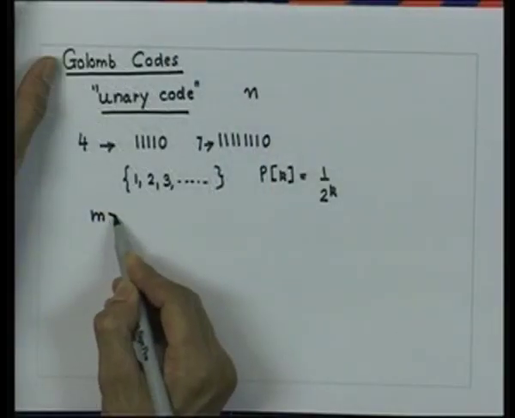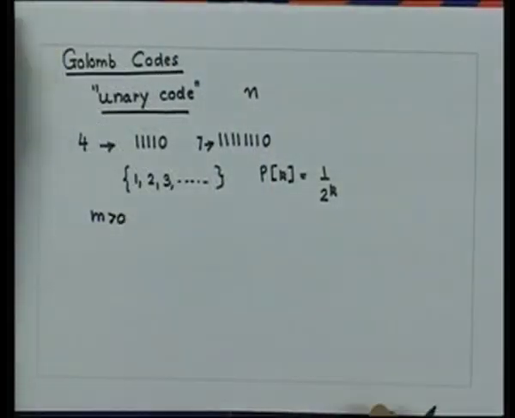An example of such a code is the Golomb code. The Golomb code is actually a family of codes parameterized by an integer m which is greater than 0.